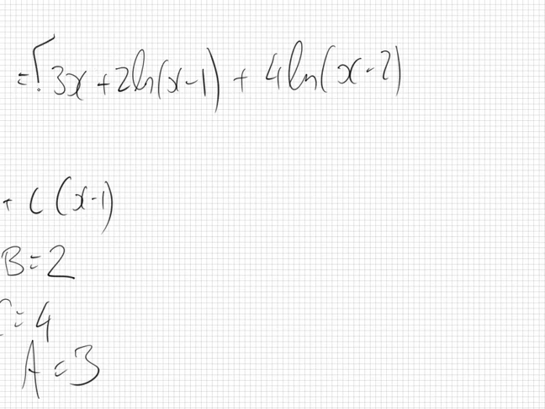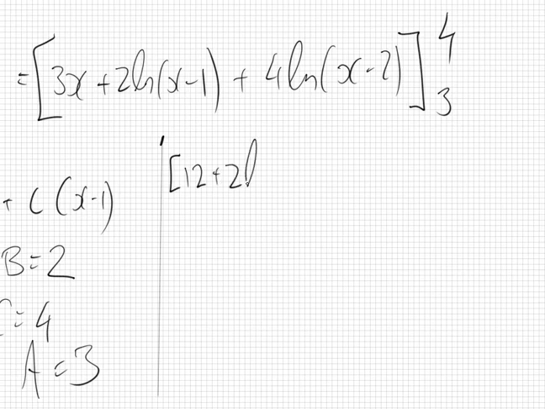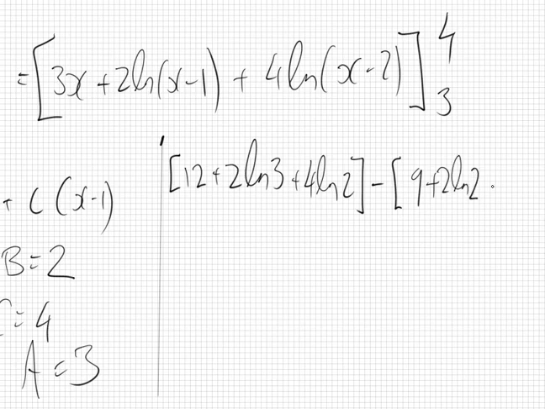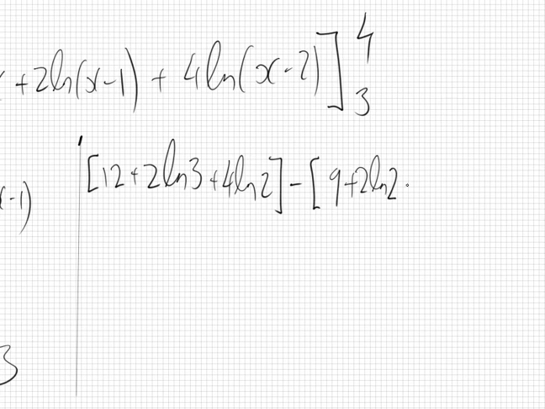Now what were the limits here? 3 and 4, wasn't it? So if I put the 4 in first, I'll get 12 plus 2 log 3 plus 4 log 2. And if I put the 3 in, I'll get 9 plus 2 log 2 plus 4 log 1.